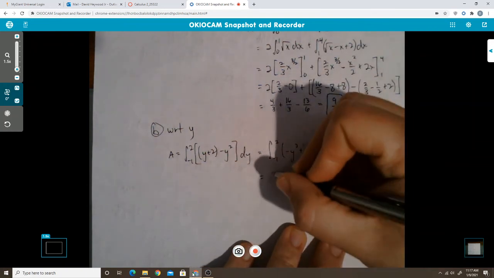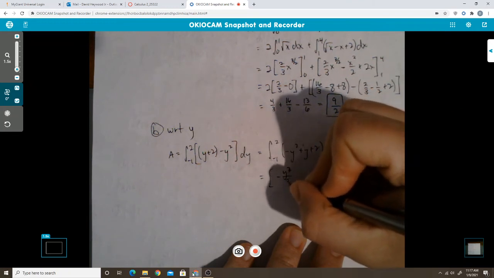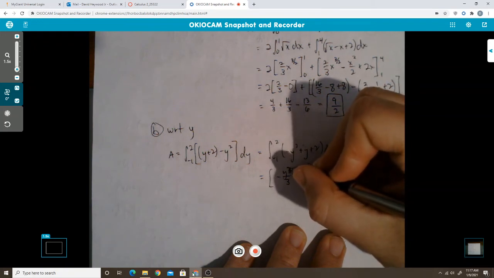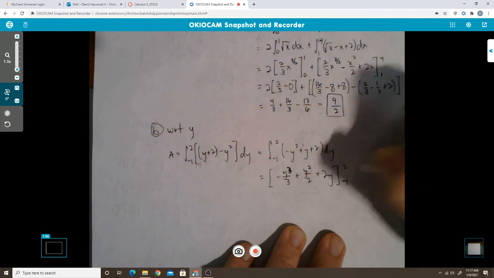Okay, so we're going to have negative y cubed over 3 plus y squared over 2 plus 2y evaluated from negative 1 to 2.